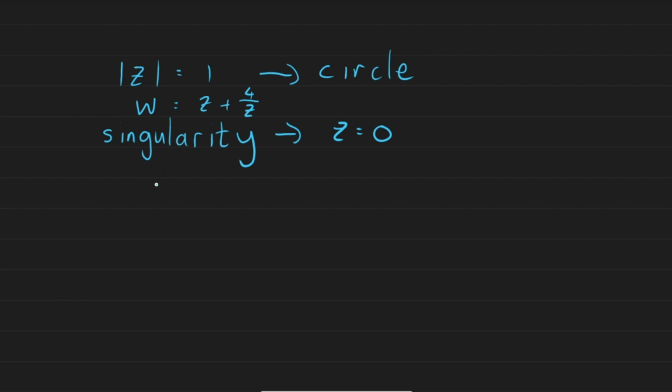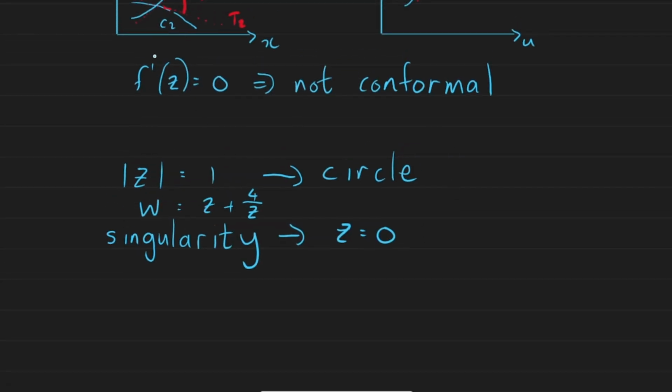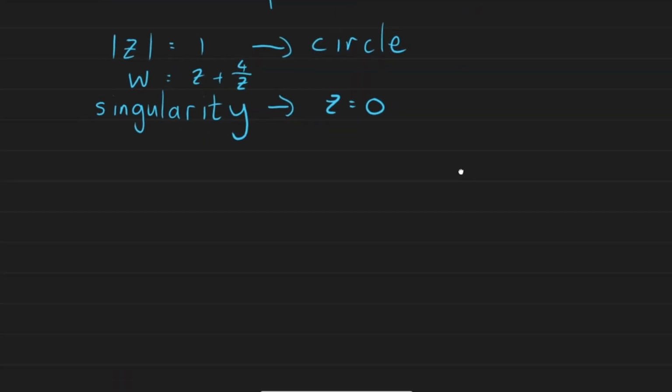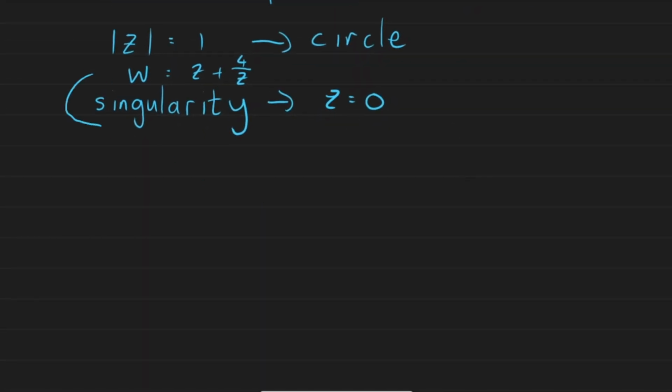Now we can also check critical points. Remember that earlier we spoke about needing to check f prime z equal to 0. That indicates critical points. So all we need to do is simply find dw/dz, and this function is analytic everywhere except for z equal to 0.